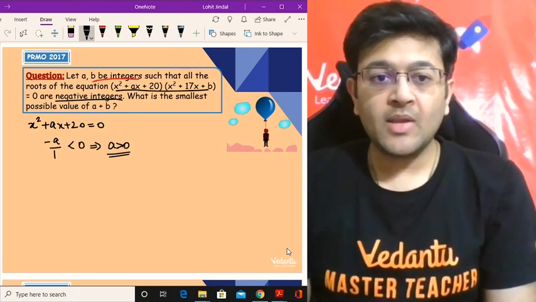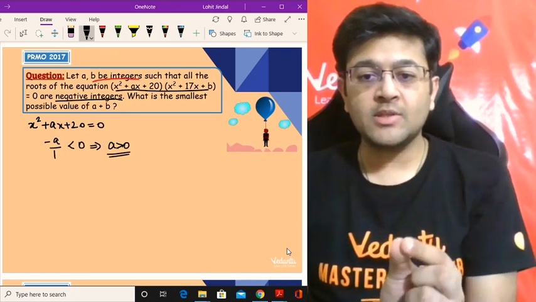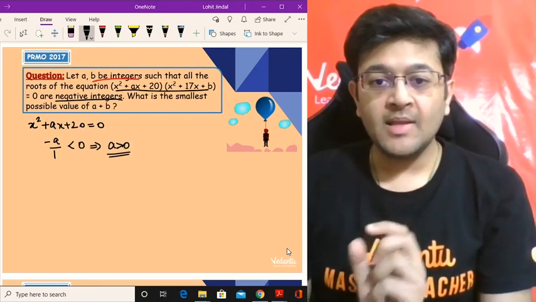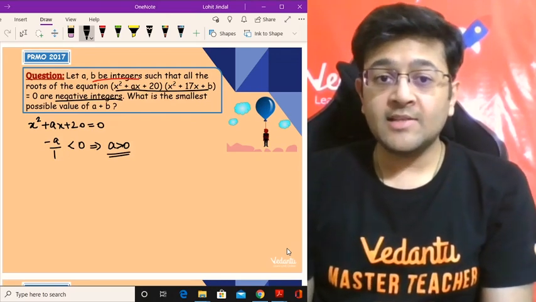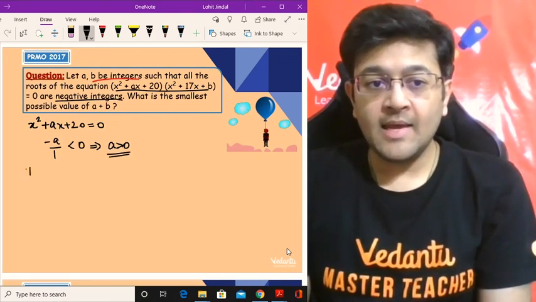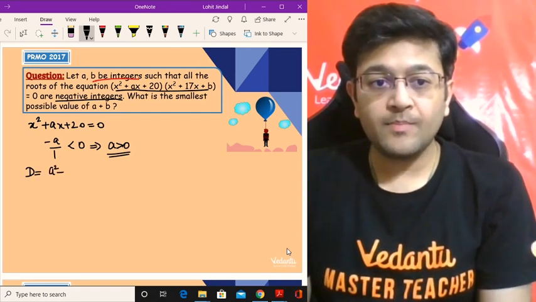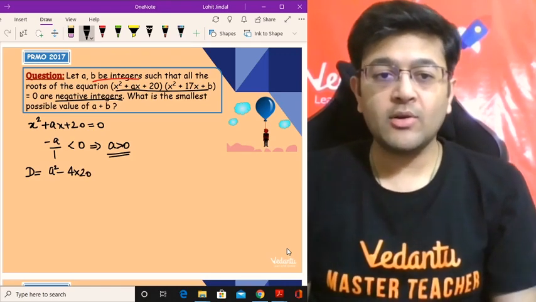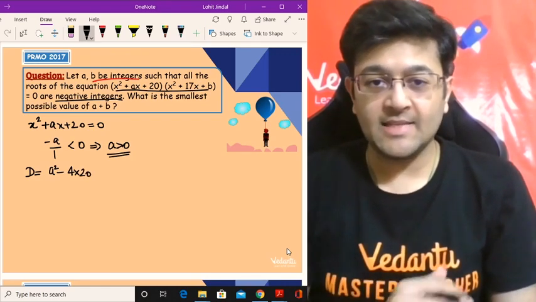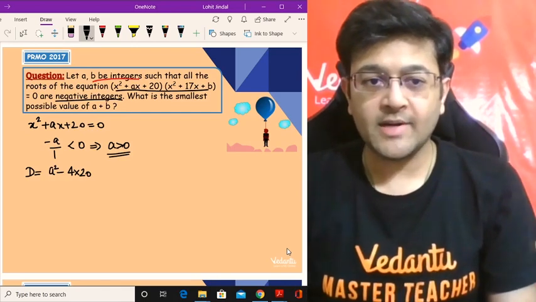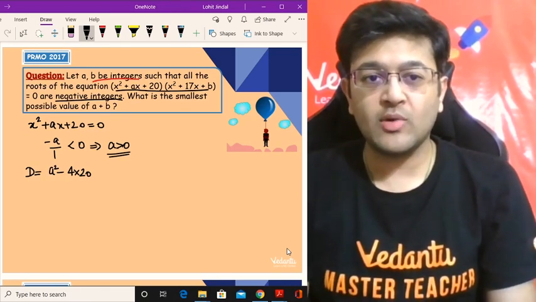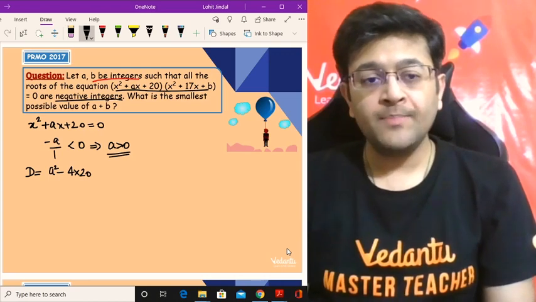Now coming to the next thing, if the roots have to be integer also, then the discriminant D here is a square minus 4 into 20, right? The discriminant generally for a quadratic is b square minus 4ac, which will come out to be a square minus 4 into 20.